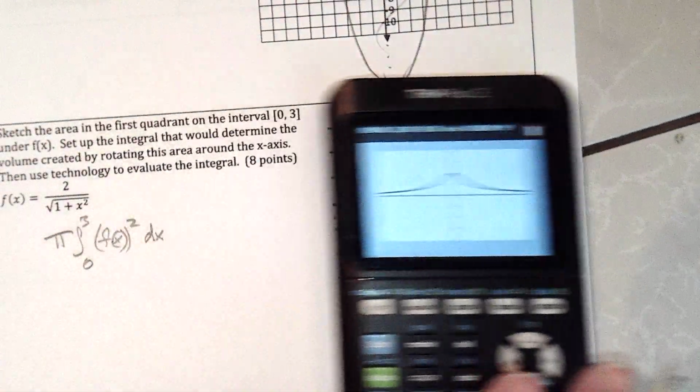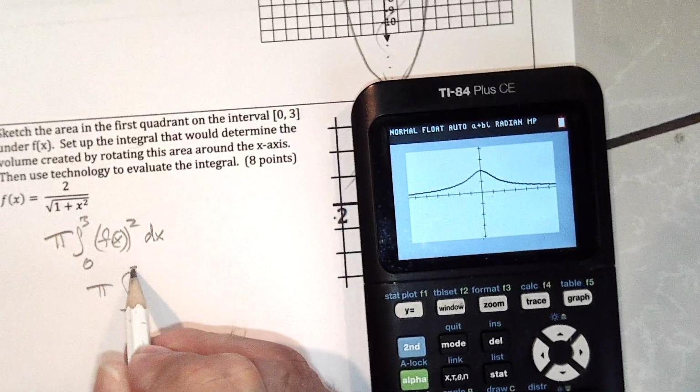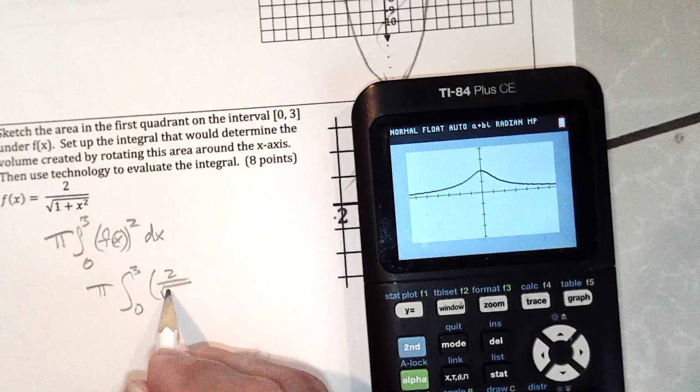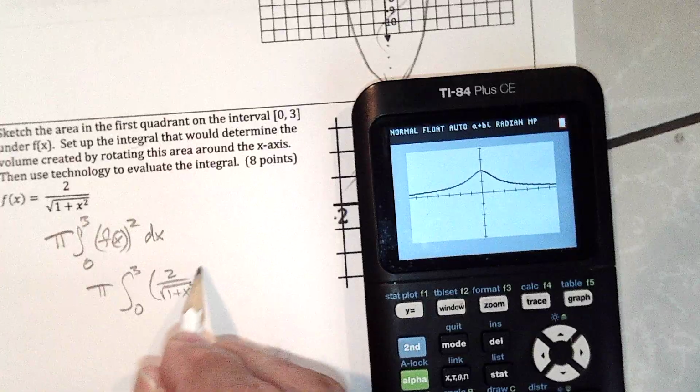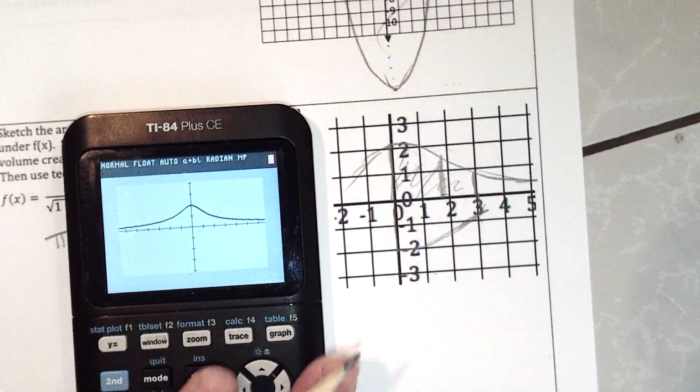And so if I wanted to write it out, it'd be pi, 0 to 3 of 2 over square root of 1 plus x squared, dx.